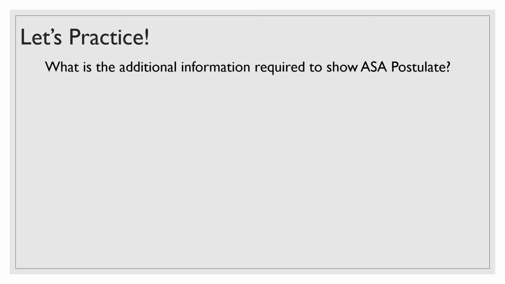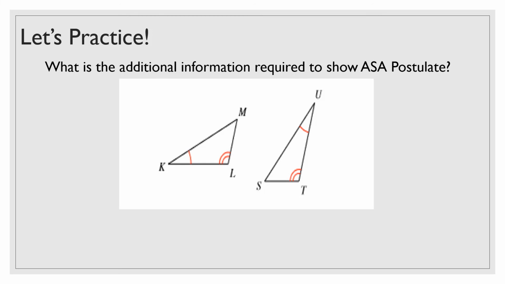What is the additional information required to show ASA postulate? We have angle K congruent to angle U, angle L congruent to angle T. What corresponding part is missing to show that the two triangles are congruent using ASA postulate?